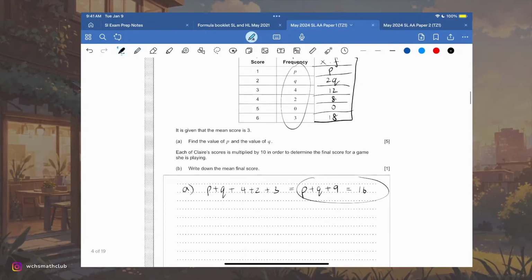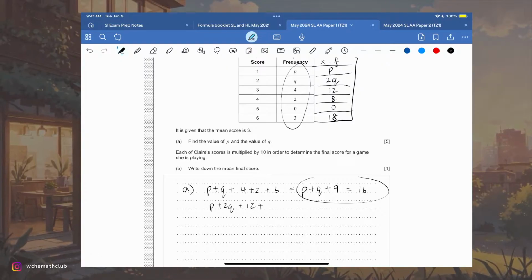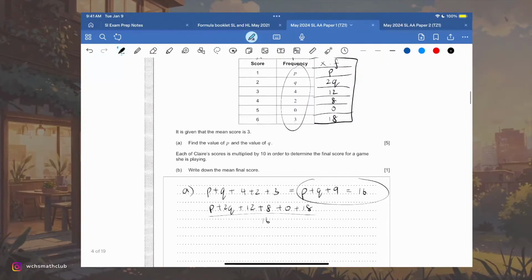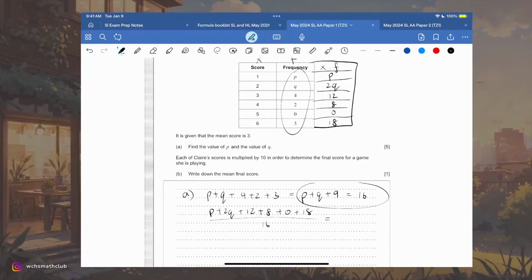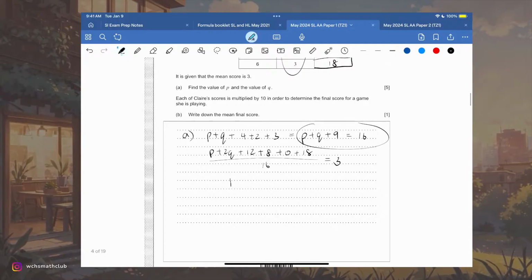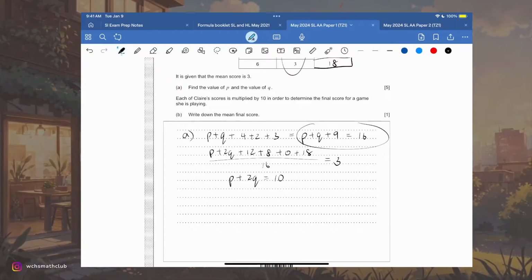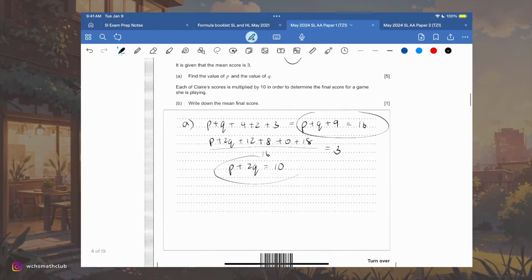This means we can set up the equation as p plus 2q plus 12 plus 8 plus 0 plus 18, divided by 16, the total number of times that the die was rolled. This gives us a mean of 3. This simplifies down to p plus 2q equals 10 if you do the math correctly. And that's our second equation.